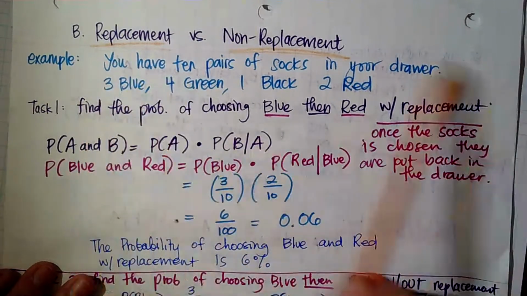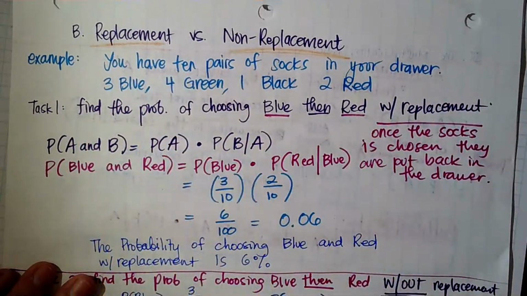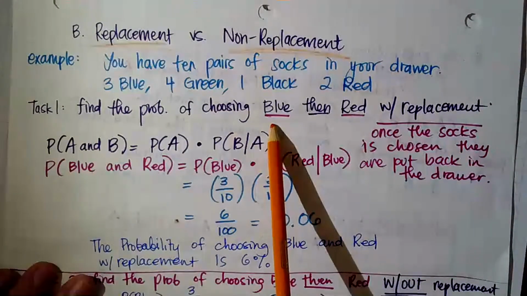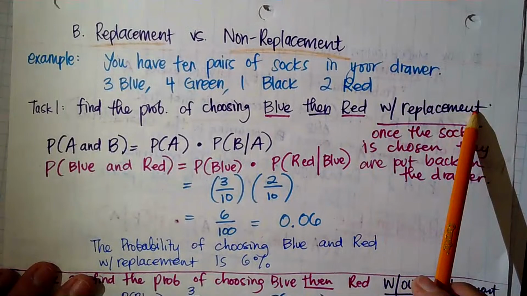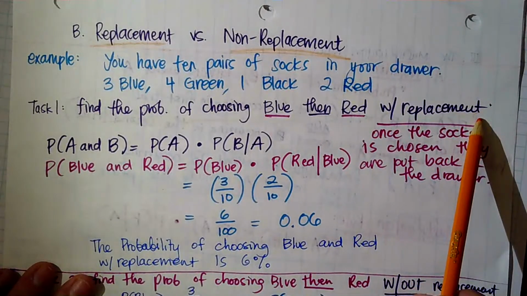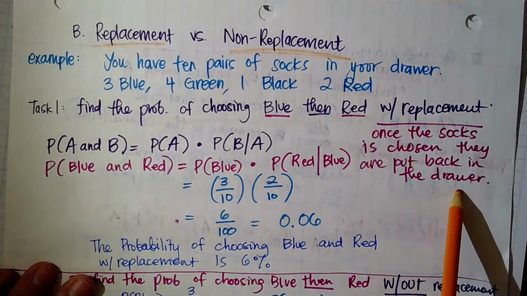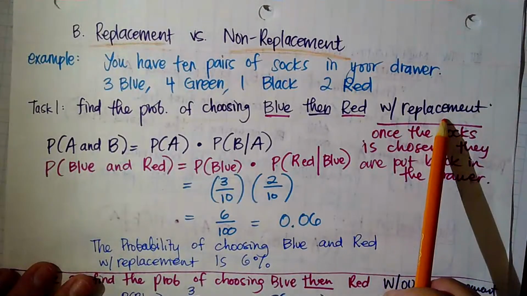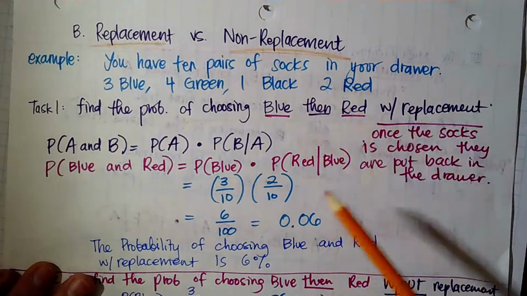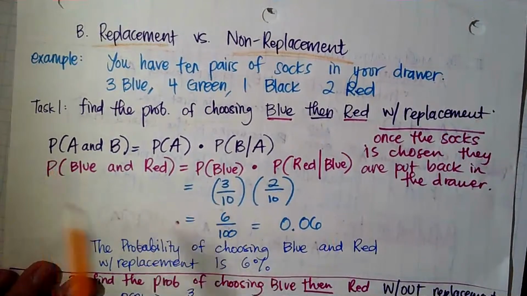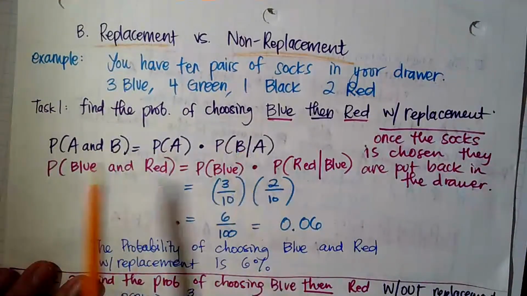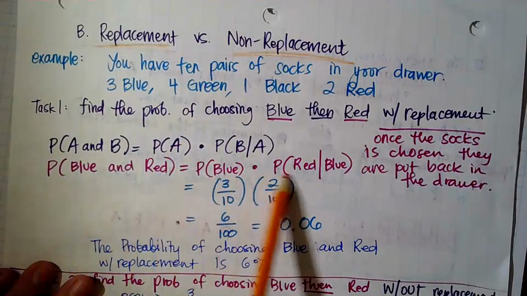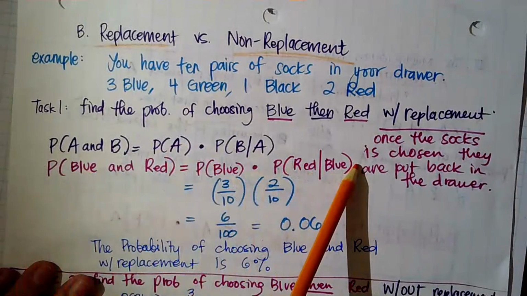Given this situation, I want you to find the probability of choosing a blue pair of socks, then a red pair of socks, with replacement. This means once I choose it, I still put the sock back into the drawer so that the second choice gets to have an opportunity as well. Again, I always start with my multiplication rule, and then I place it in the context of the problem.